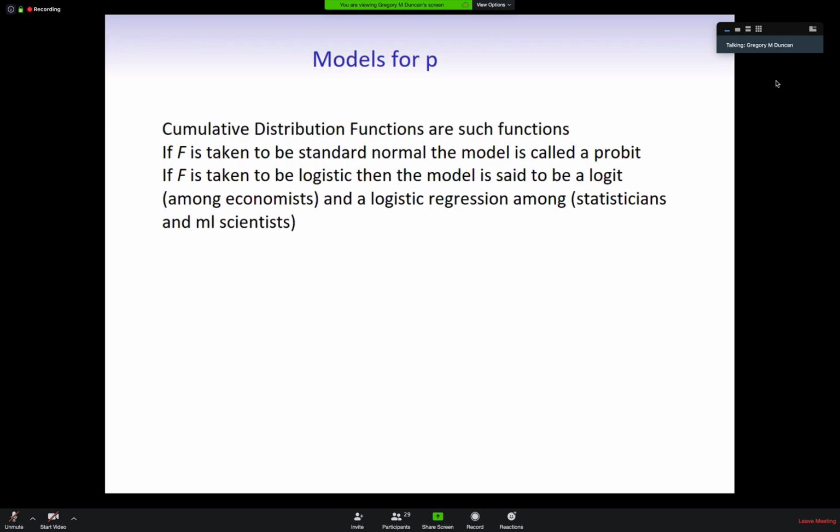We call them logit models. And statisticians and ML scientists call them logistic regressions. So if I say I do a logit around a statistician or an ML scientist, they think I'm talking about doing a transformation, which we'll talk about later in this lecture.